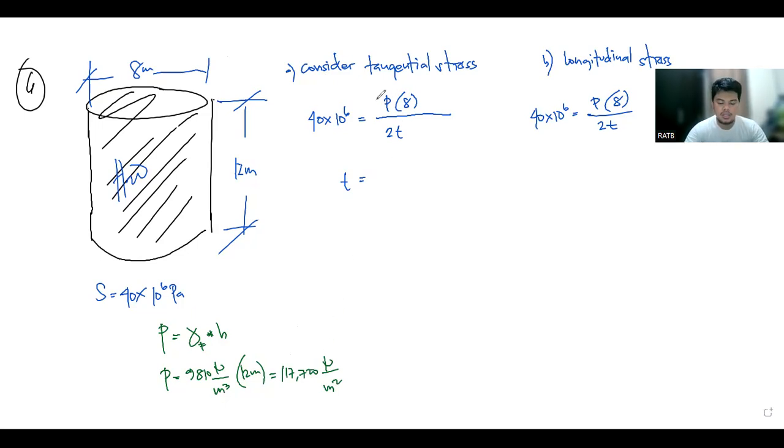So that's 117,720 times 8, divided by 2 times 40.